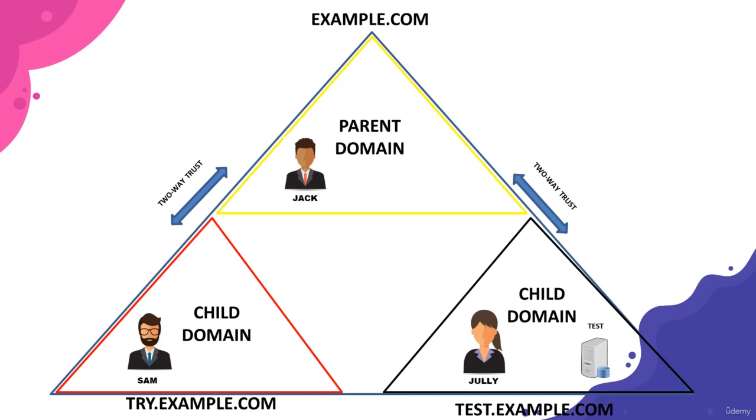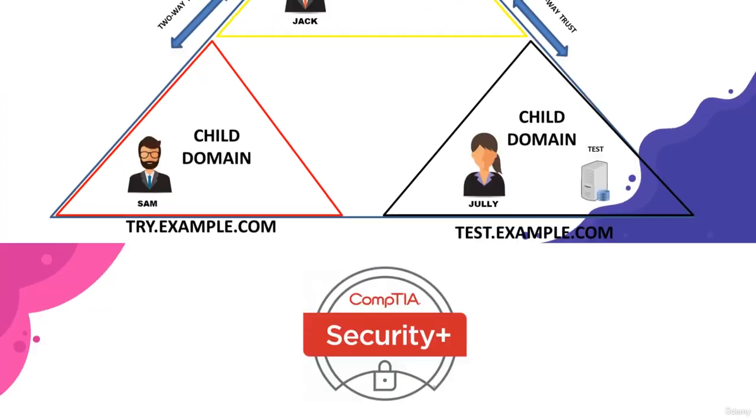Without the trust relationship, you would have to create another account for Jack in the test domain before granting him access. Additionally, Jack will need to manage the password for this second account separately. However, with transitive trust relationships, the network supports SSO, so Jack only needs a single account.